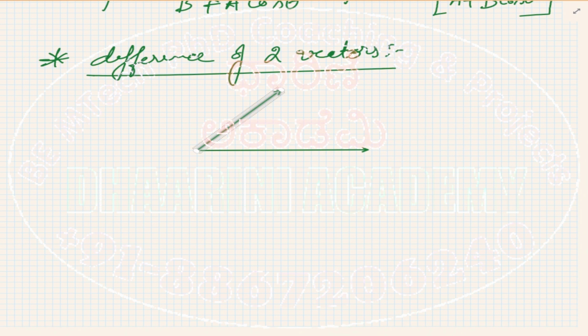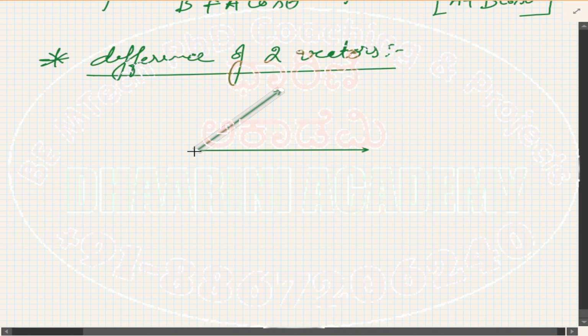If this is vector B, I can denote minus B like this, same magnitude but opposite in direction. So if say this is vector A, this is vector B, this will be vector minus B. Now if I add vector A and vector minus B, the resultant will be A minus B, right?